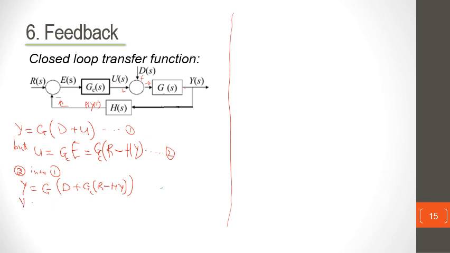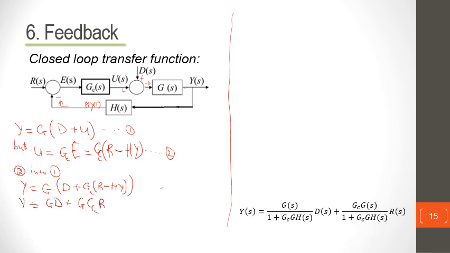So then we have y being equal to g d plus gc times r minus gch times y, which implies that we have y times (1 plus gch) being equal to, if you take this term to the other side, gd plus gc times r.